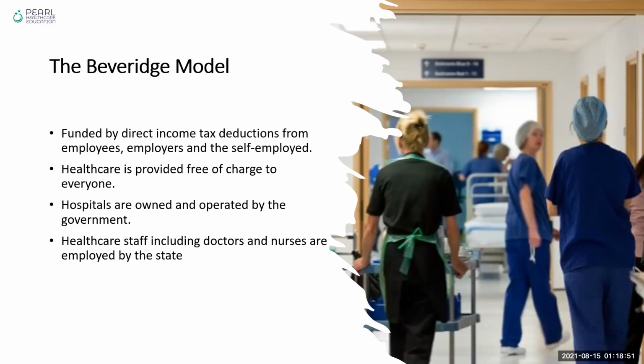Healthcare staff, including doctors and nurses, are employed by the state. Countries where this model is used include UK, Spain, Cuba, and New Zealand. In fact, the model was first introduced in the UK, and UK's NHS system is based on this particular model.